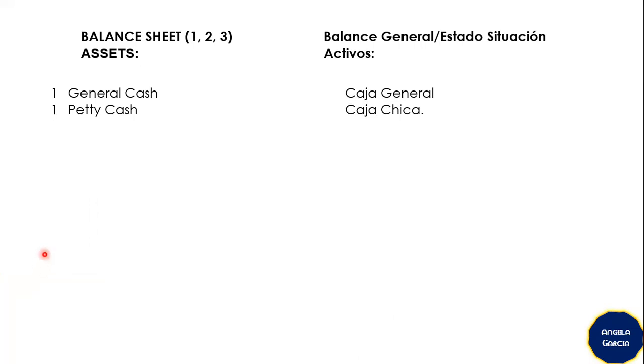Remember, the balance sheet accounts are those accounts that start with 1, 2, and 3. Let's say that we have assets with 1. Assets start with 1. Liabilities start with 2.